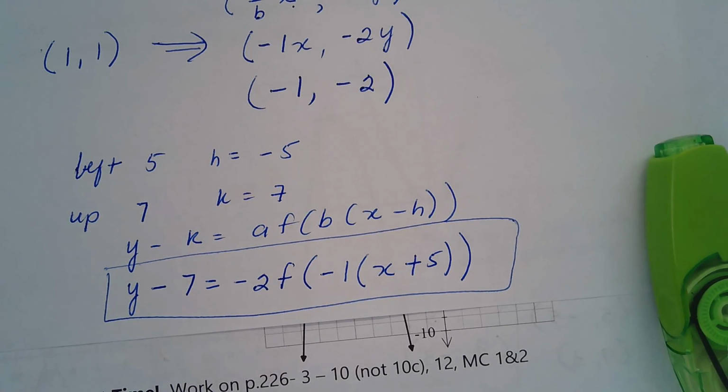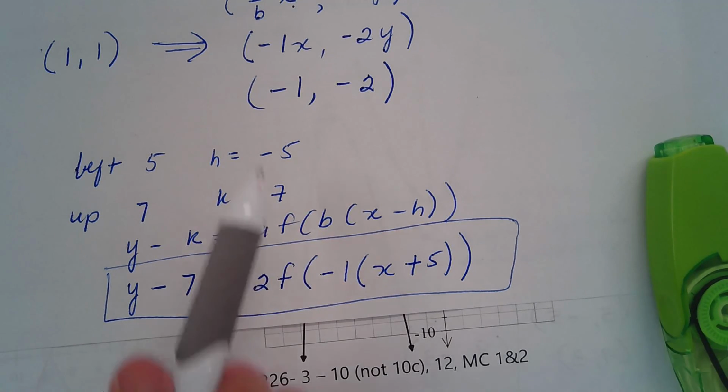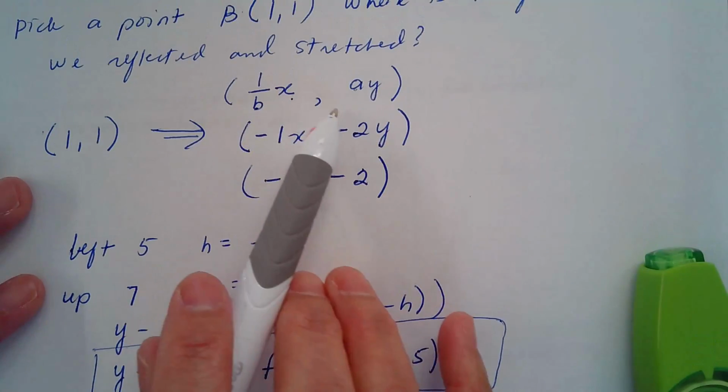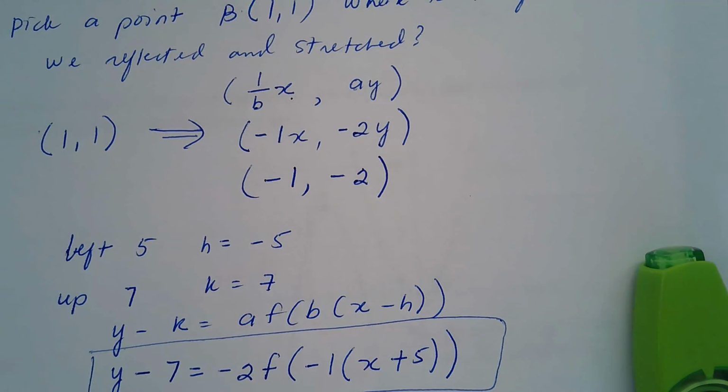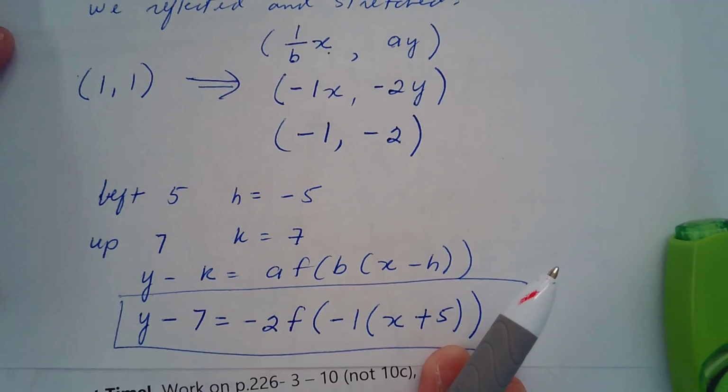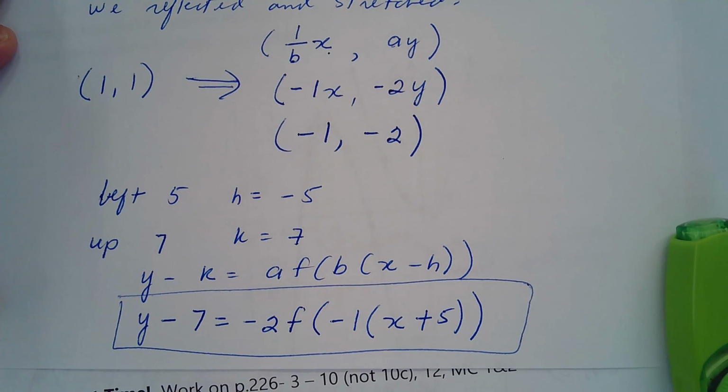It's like following the order of operations, right? When we do the order of operations, we multiply first, before we add or subtract. Same thing here. We do the stretching and compression, which is where multiplication happens, before we do the translation, which is subtracting and adding.